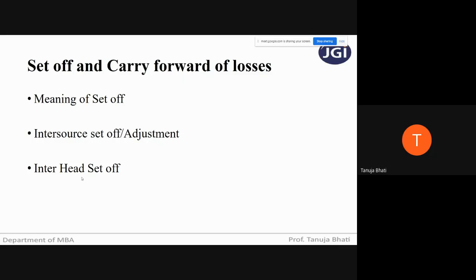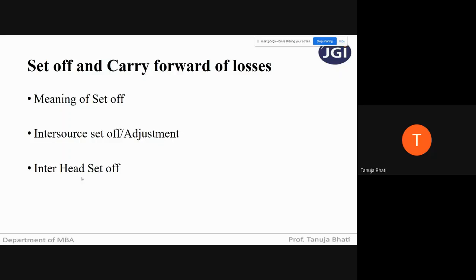So first is capital gains, second is profits and gains from business or profession cannot be inter-head set off with income from salaries, and under capital gains where there is a capital loss, such loss cannot be set off against income from any other head.